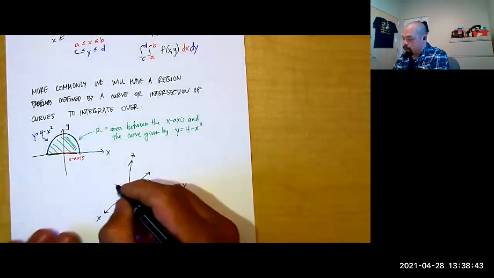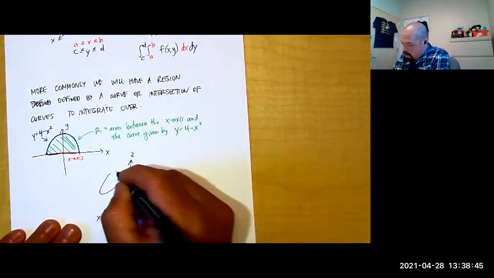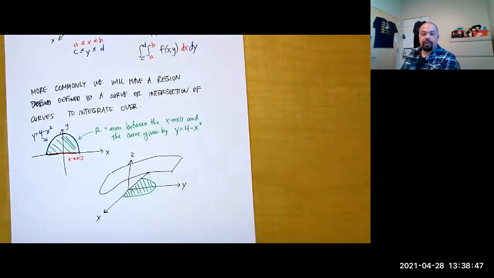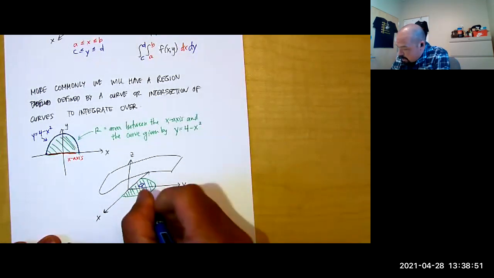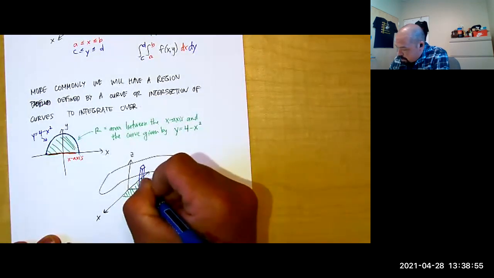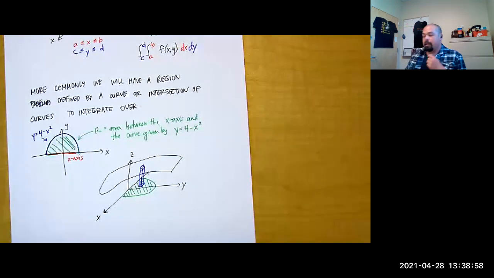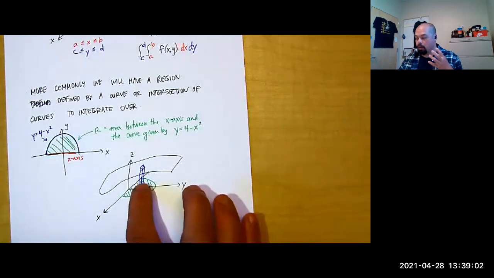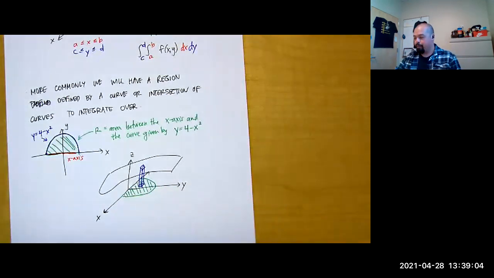And again, we can have some surface over that region, but we're going to try to imagine those little columns of volume throughout that region to get that double integral.